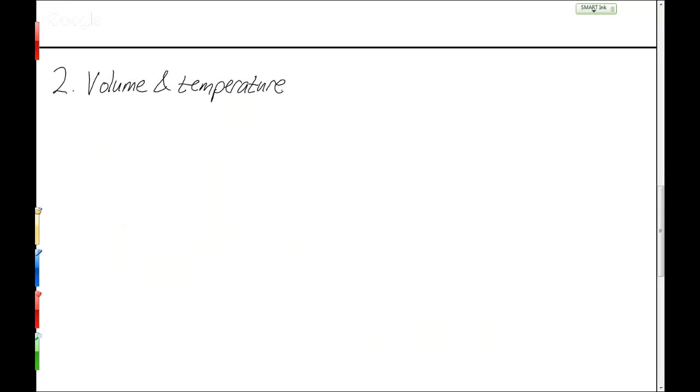Yeah. So how would you talk about that relationship in general? What are you doing to the volume or the temperature, or what are you doing to one? How does it affect the other? As temperature decreases, volume decreases. Yeah, as temperature decreases, volume decreases.